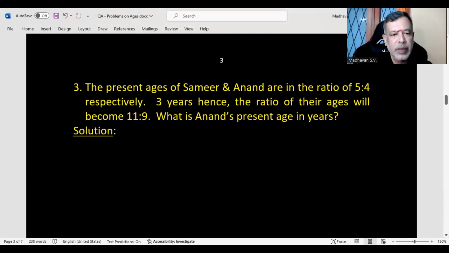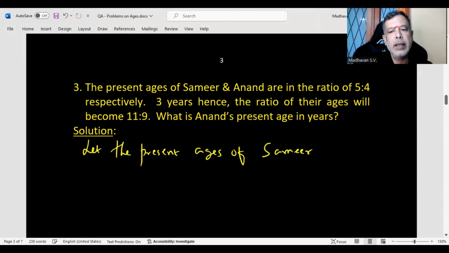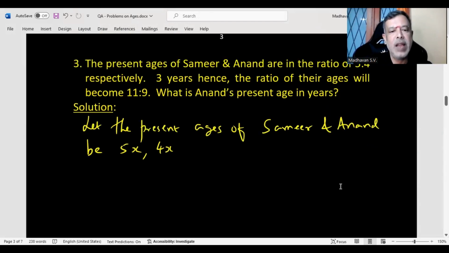Since it is given in the form of a ratio, we can always consider the present ages of Samir and Anand to be 5x and 4x. Now they say 3 years hence, which means after 3 years, the ratio will become 11:9.